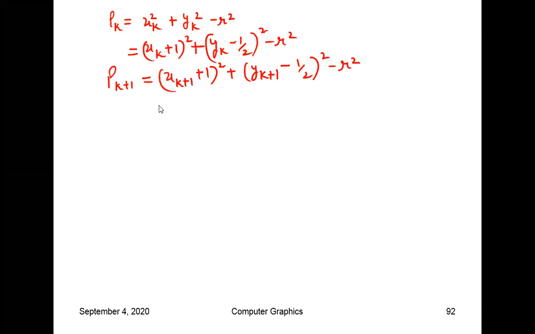Okay, now we know that xk plus 1 will always be xk plus 1. So this will be xk plus 1 whole square, and this yk plus 1, that is not known what it should be. So there are two cases.